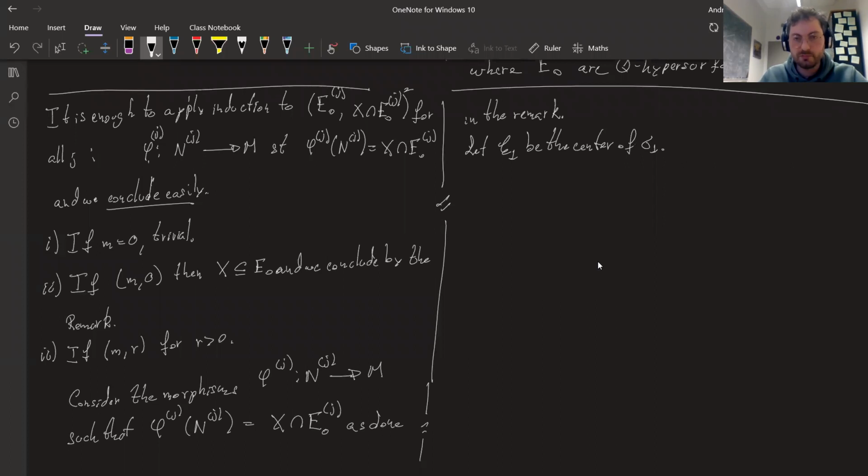And we are going to also apply the induction argument for this guy. Consider C1 intersected with X. Note that the dimension of C1 is smaller than N, and apply induction.